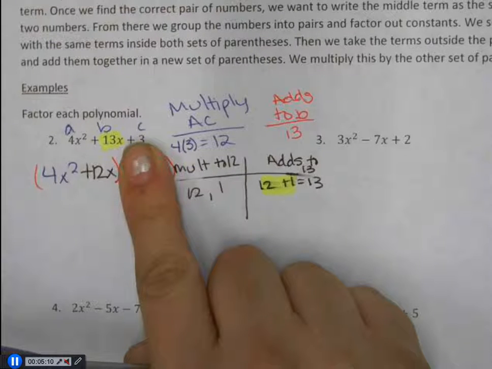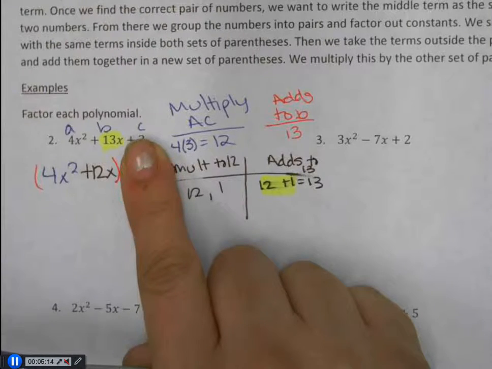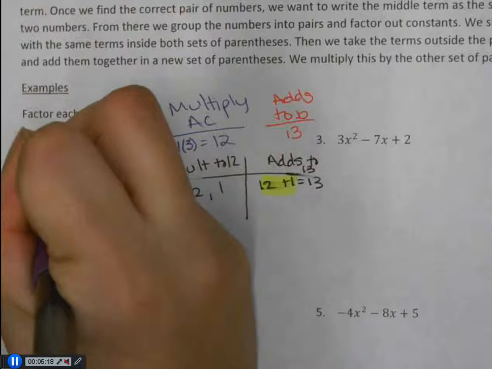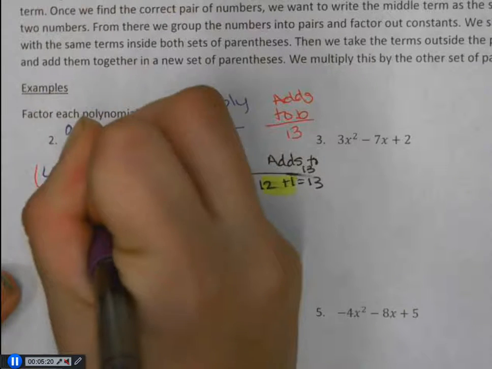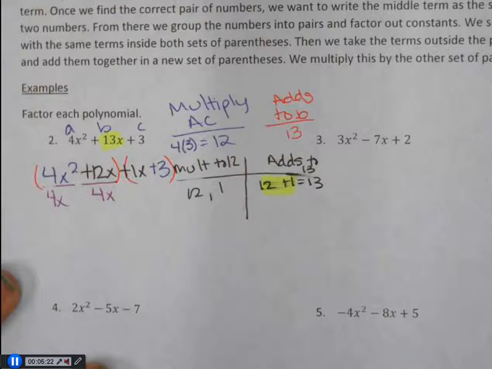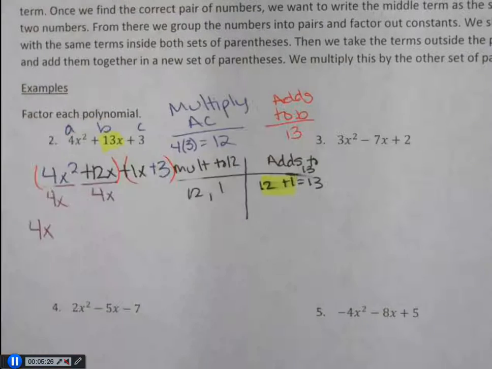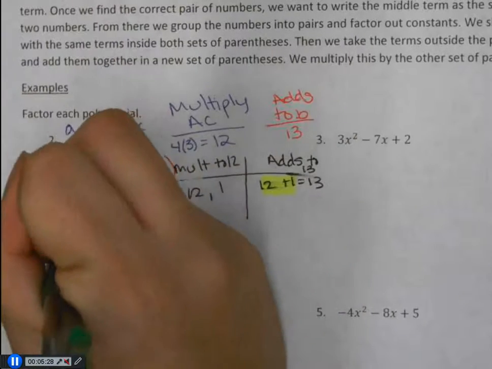What goes into 4 and 12? Larger than 2: 4. And they also both have x's, right? So I'm going to divide this one by 4x. I'm going to write the 4x out front, and then I'm going to write what I get left over inside parentheses.